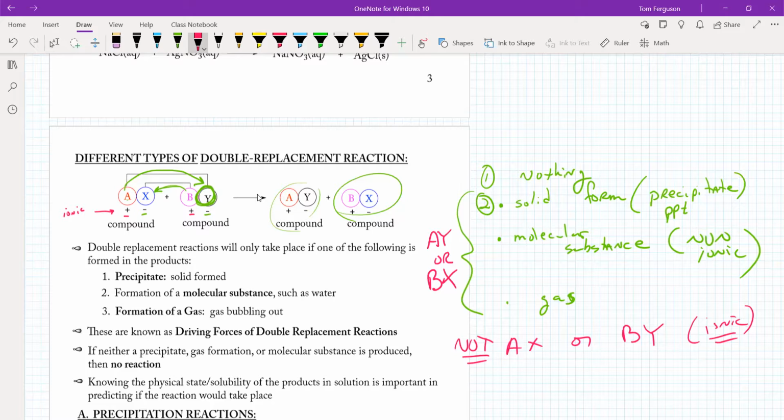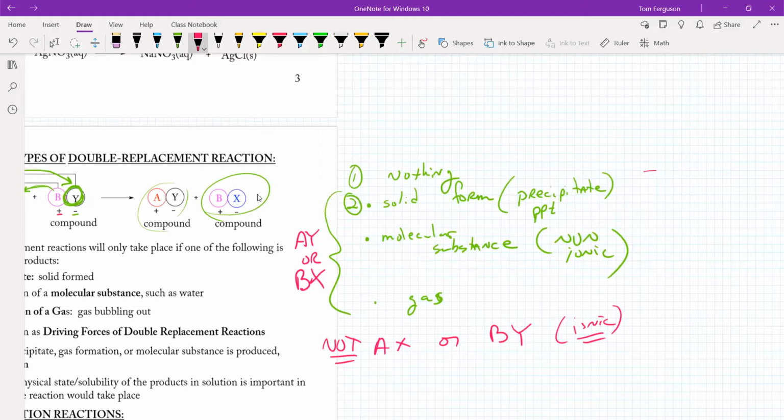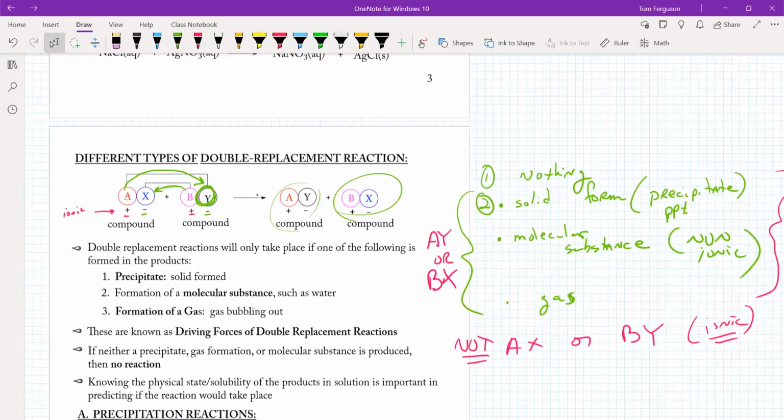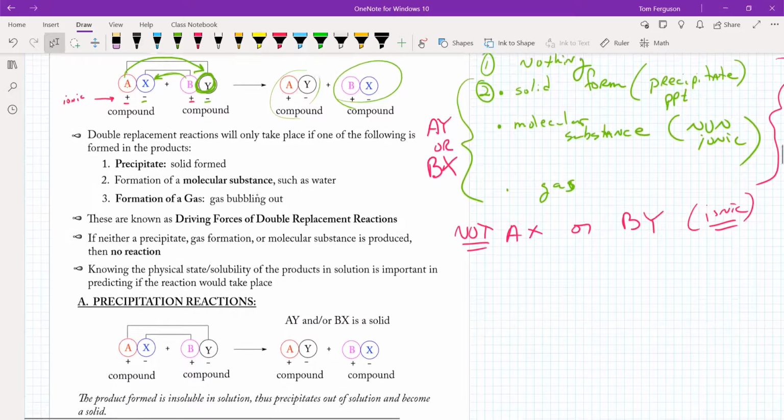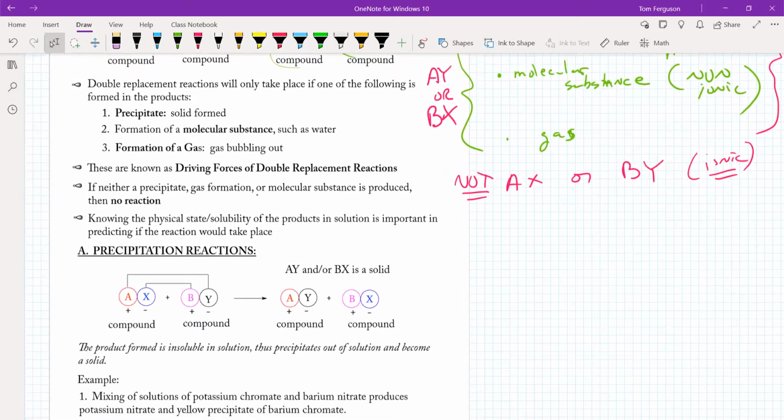Okay, and these are more stable, like always. That's what's driving the reaction: the solid compound is more stable, the molecular compound is more stable, or the gas is more stable. That's what drives the reaction. Okay.